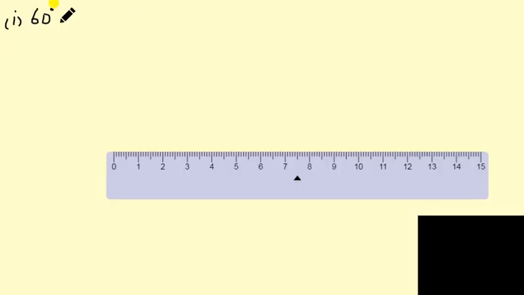With the compass and scale, how can we draw the angle?